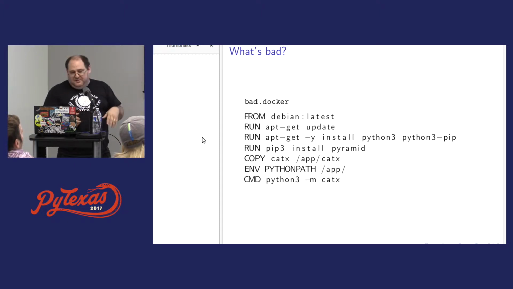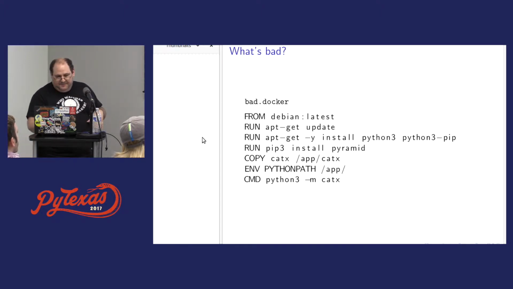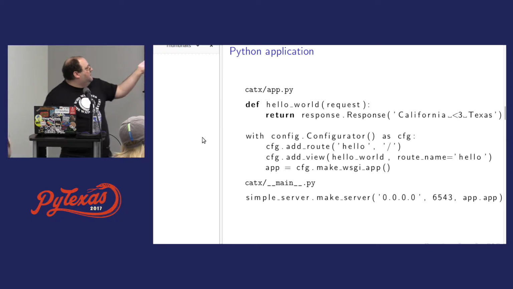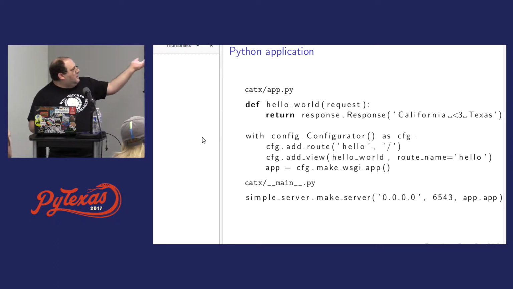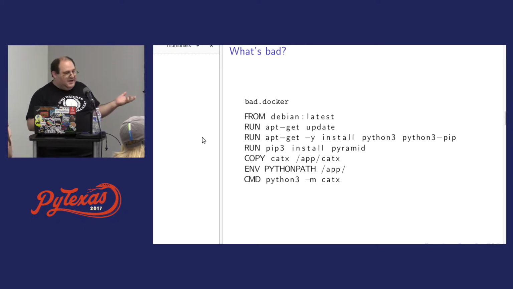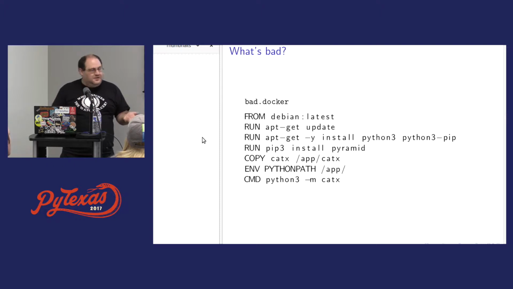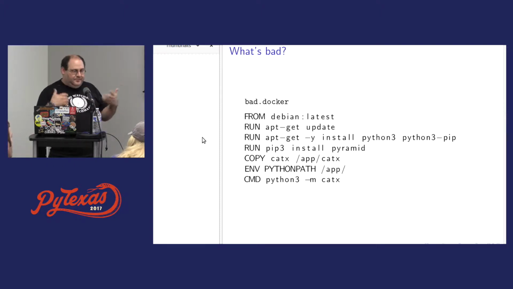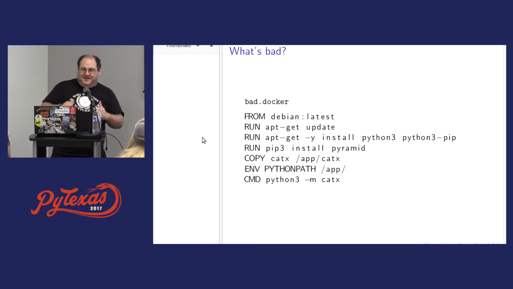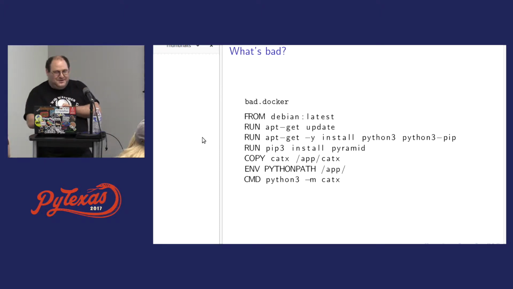And then you run python3 -m, which will run your main module, which runs your make server with your application. So if you actually do that, it will give you an application that runs and displays what you want, and everything looks good, and you're all done, and I guess I finished my talk way shorter. So what's bad about that?